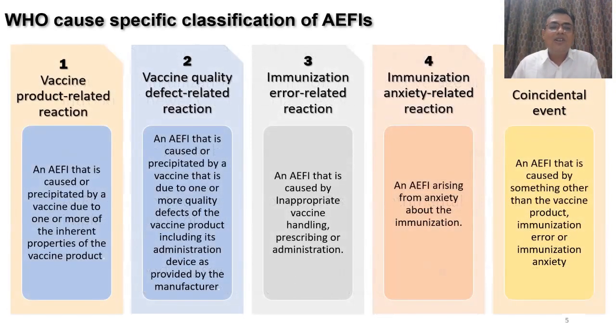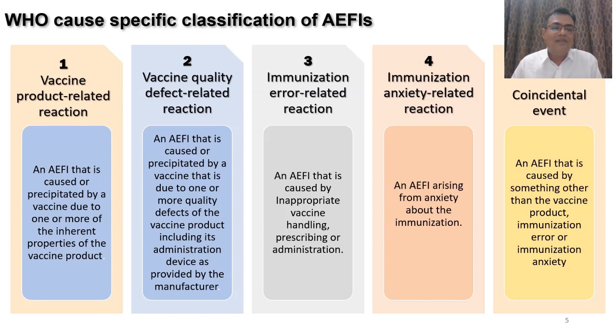Now, the cause-specific classification of AEFIs. As you are all aware, the ingredients of vaccines are antigen, either in killed form, live attenuated form, or toxoid, etc., along with preservatives, adjuvants, stabilizers, and antibiotics.